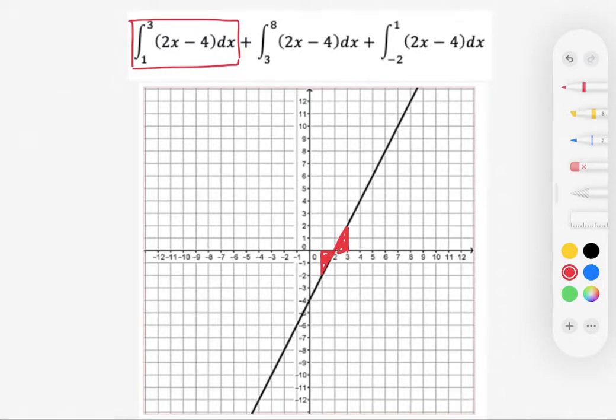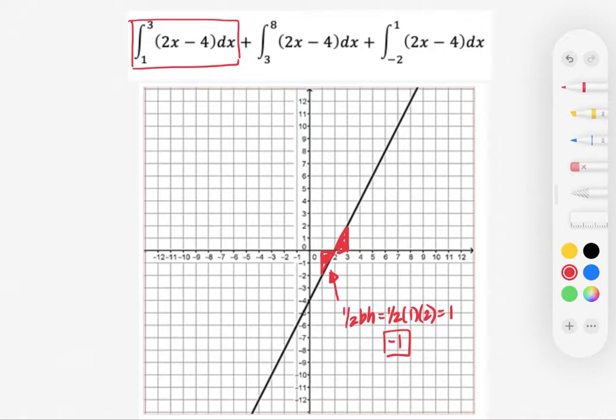When I'm looking at this one right here, I can calculate the area of this little triangle right here. 1/2 base times height. My base is 1. My height is 2. So it's just 1 unit, but because it's underneath the x-axis, it's -1.